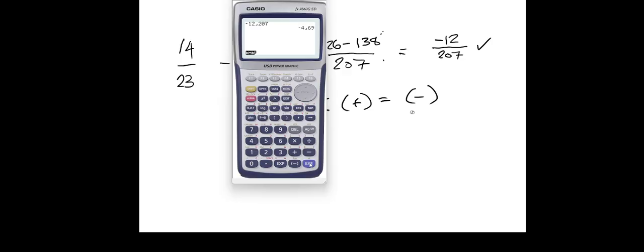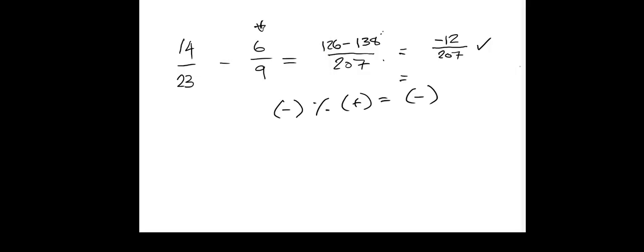We enter it and we see that it does actually simplify. Minus 4 over 69. Which is another advantage of using the calculator. That answer isn't immediately obvious, but for our purposes, negative 12 over 207 is just fine.